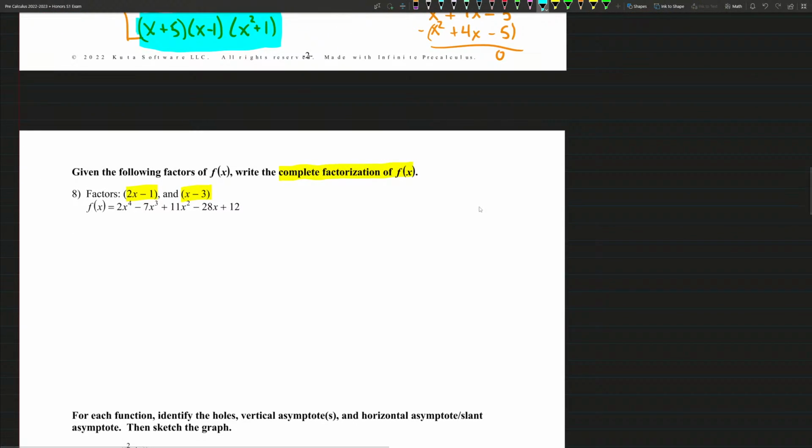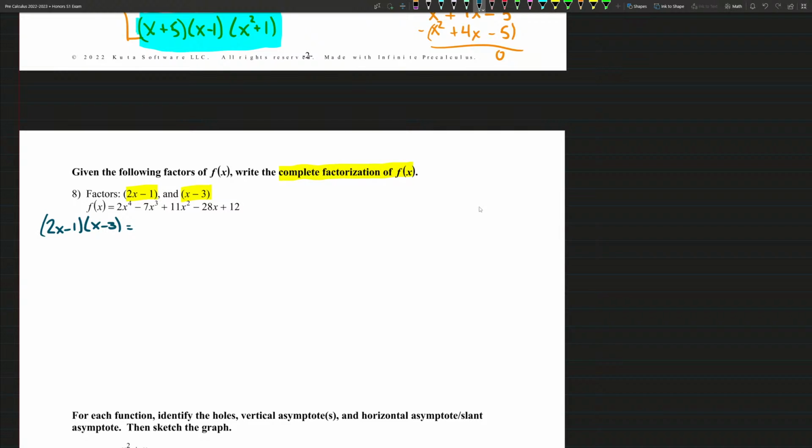All right, so we have two factors. So we know that 2x minus 1 divides this polynomial and x minus 3 divides that polynomial, which means that when we multiply those two things together, it should also divide that polynomial. Okay, so what I'm going to do is multiply 2x minus 1 by x minus 3.